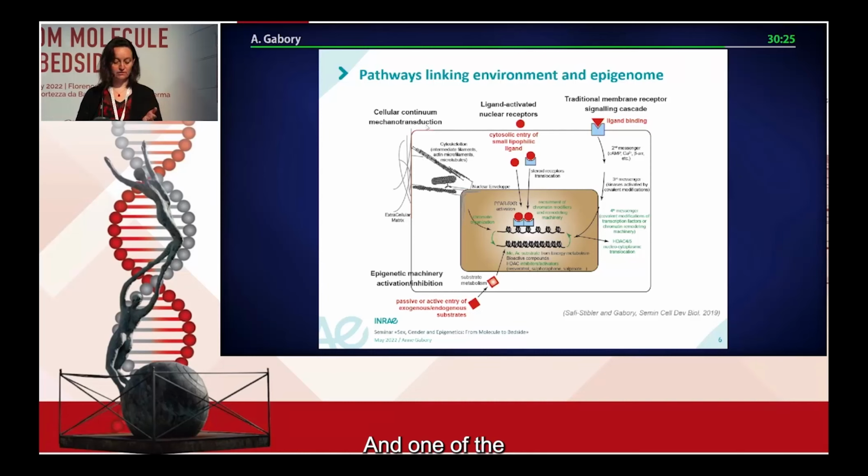One of the things we think is responsible for that is that this membrane structure modification changes the chromatin organization and modifies gene expression in the nucleus of the brain of the rat. Particularly, an enzyme linked to the incorporation of omega-3 in the cell membrane is upregulated in the brain of the rat. So you can see that there are very different pathways linking the environment, the nutritional environment, and the epigenome.